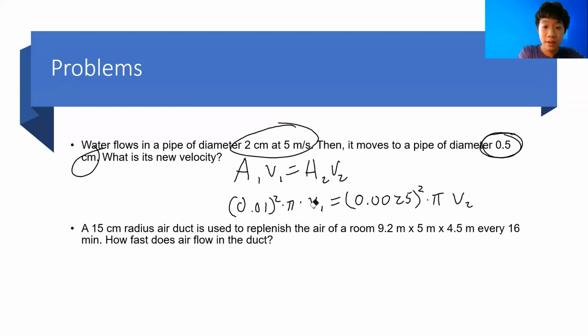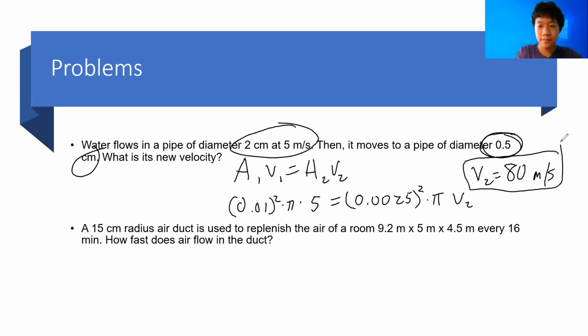And we know that V1 is 5. Now we have an equation with only V2 inside it. V2 will equal 80 meters per second. All right, so that's the first problem. All we had to do was directly apply the equation of continuity.